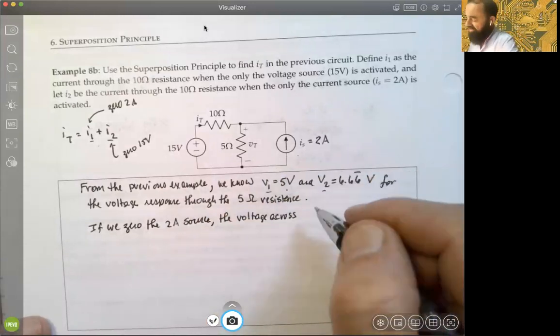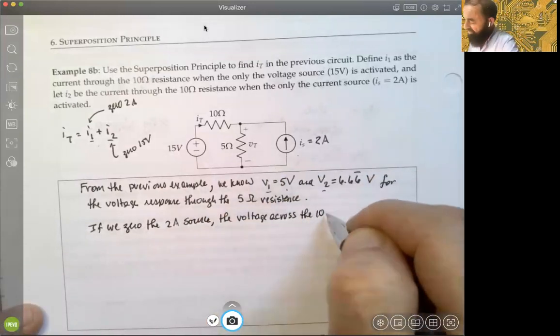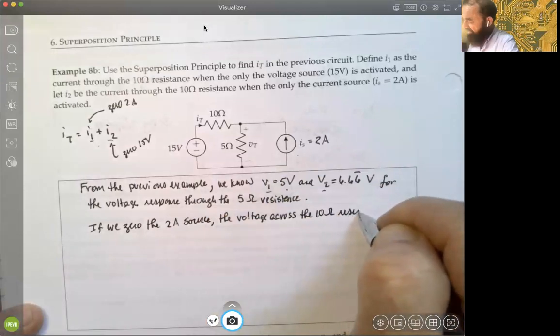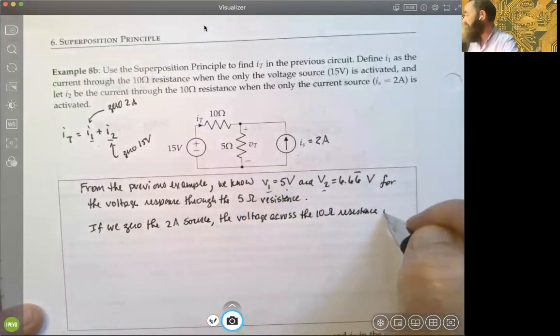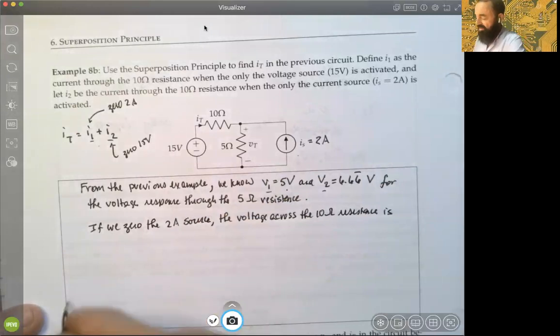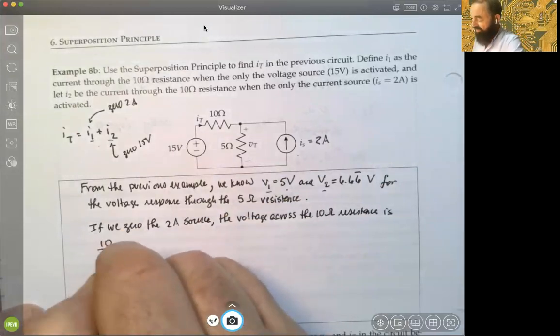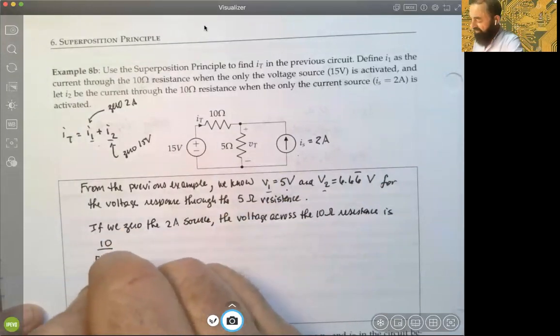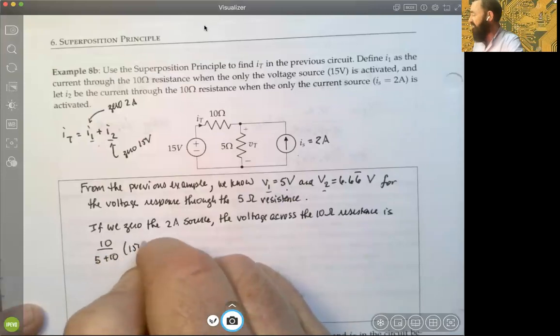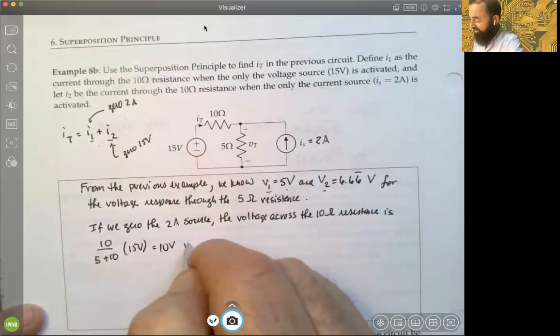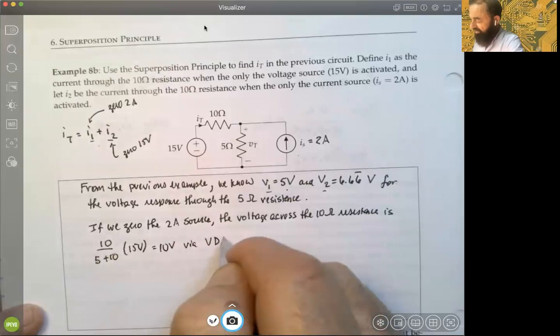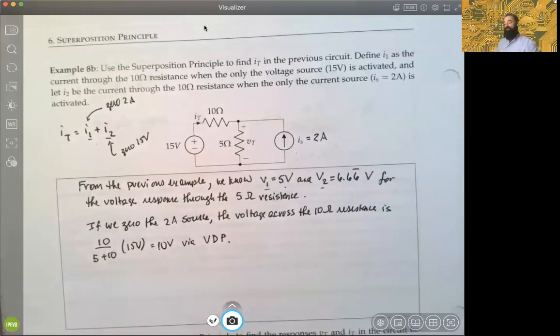Then the voltage across the 10 ohm resistance is, we already know this, 10 over 5 plus 10 times 15 volts equals 10 volts via VDP, okay? All right, we already know that, okay?